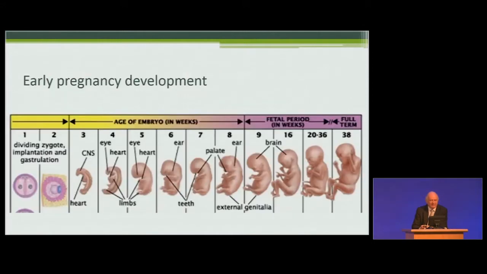Now, a little bit of anatomy. The reason I want to show you this is just to explain the detail of the little times that are so important when people are discussing the diagnosis and management of early pregnancy miscarriage.